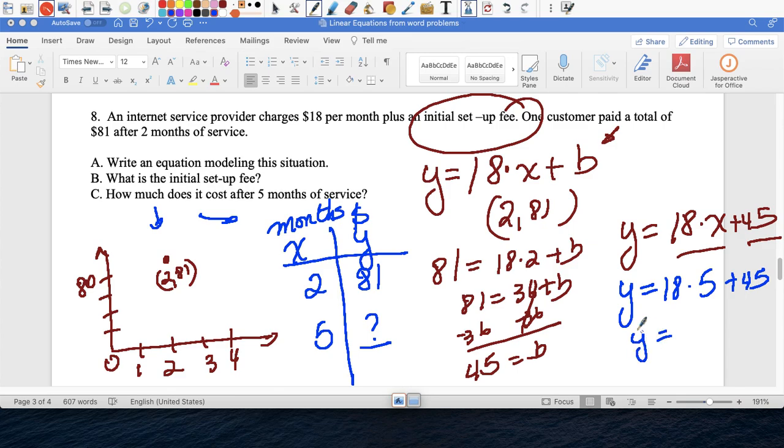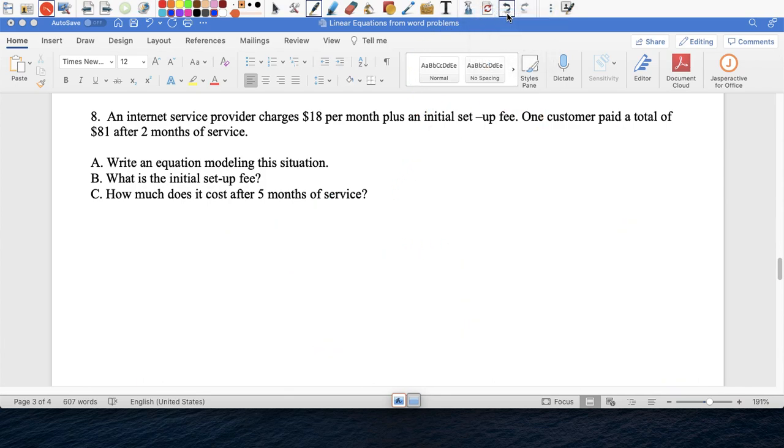So after 5 months, how much did I spend? 18 times 5 is 90 plus 45, y equals 135. So after 5 months, I spent 135. And then we have more.